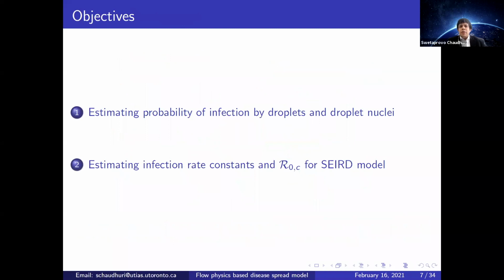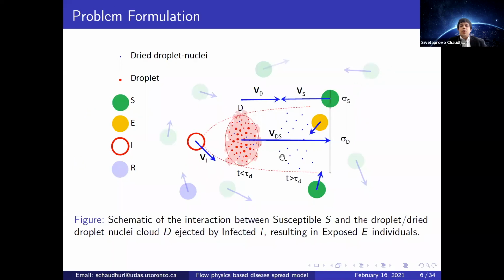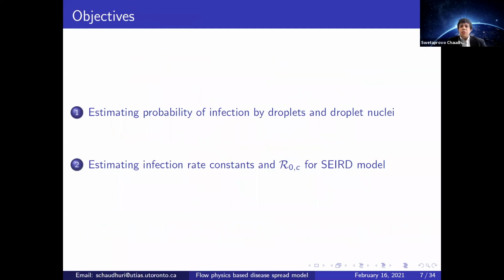So the objectives are the following: first, we need to estimate, if a susceptible individual crosses this droplet or aerosol cloud, what is the probability of infection? Okay, what is the probability of infection by droplets or by droplet nuclei, that is, the droplet residue?